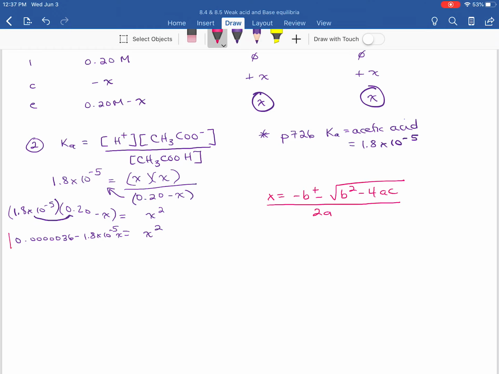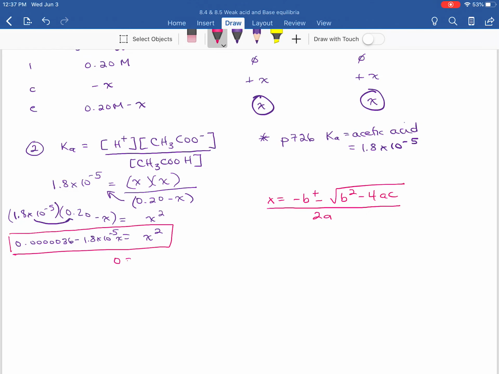Looking at this scenario, when I set it up in the proper terms, 0 equals, and plus, because I brought this over.